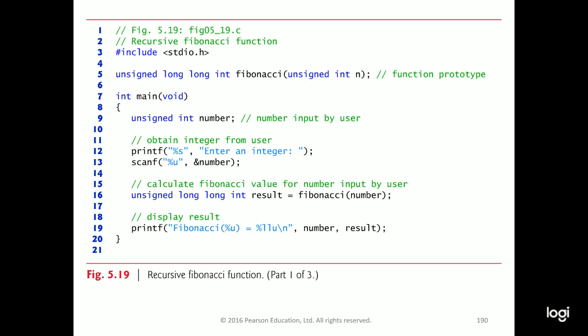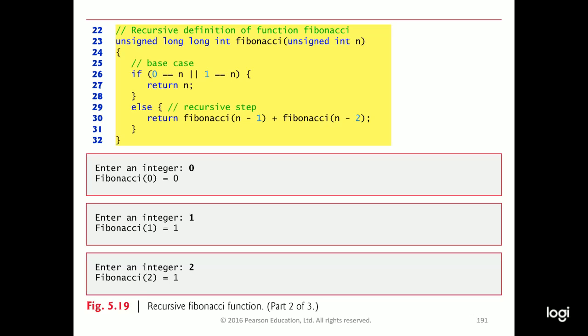Okay, so we have our function here, Fibonacci. Again, we're using unsigned long int as the return type. We pass an unsigned integer. We ask the user to enter an integer, and then once we get an integer, we call the Fibonacci function, which is on the next slide.